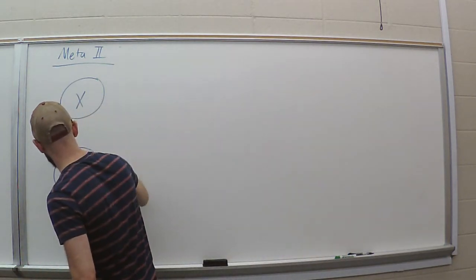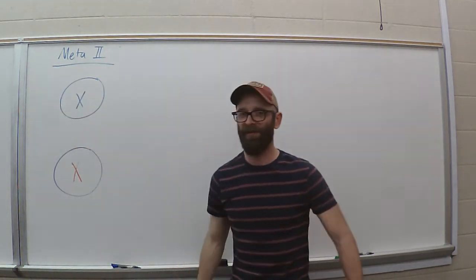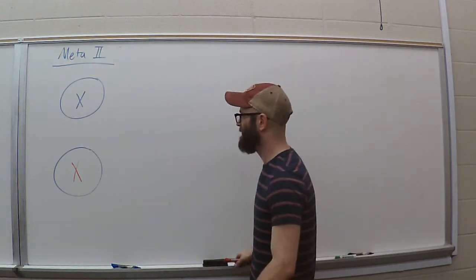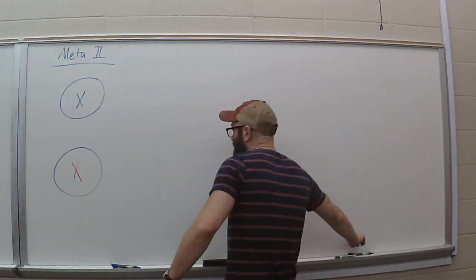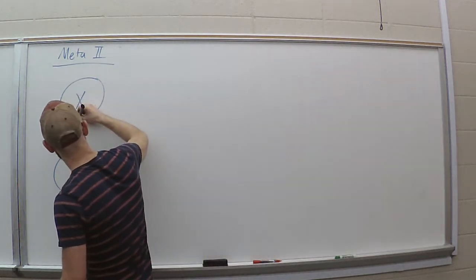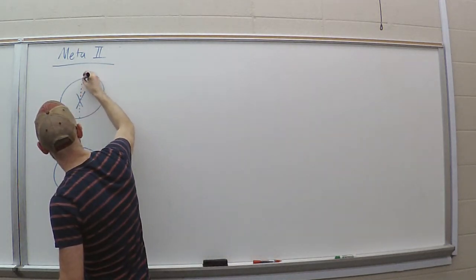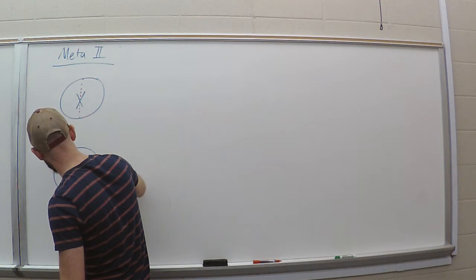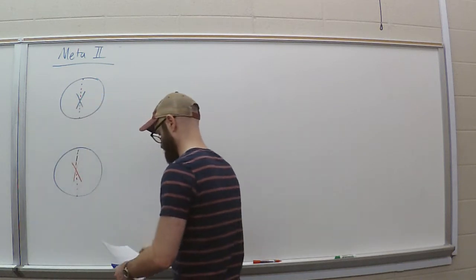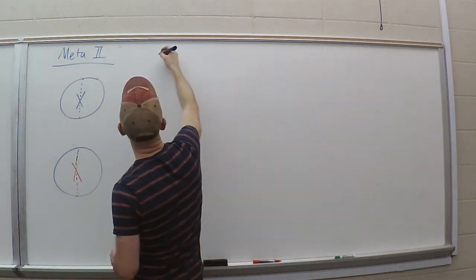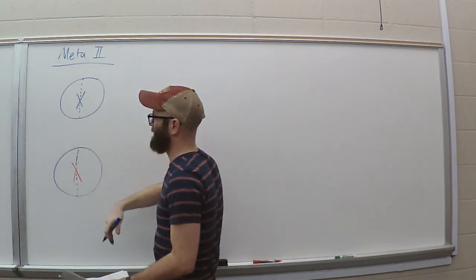I'm not going to draw our crossover chromosomes anymore because that's tedious. You already know that happened. So in metaphase 1, again, they all align at the center of the cell. And then in metaphase 2, they all align at the center of the cell again.